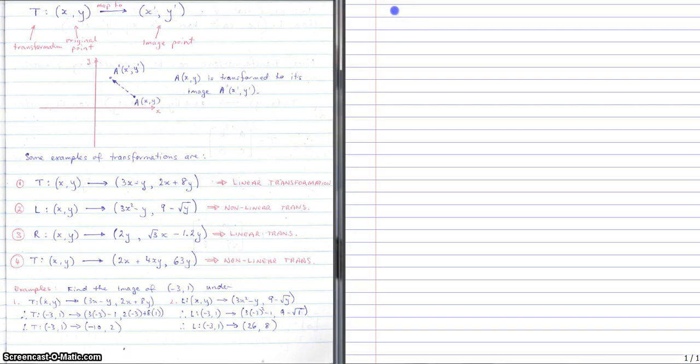Because if we had an expression, say xy equals 1, then if we were solving for y, then y becomes 1 over x, and this we know is not a linear expression, not a linear equation, because that can be also written as y equals x to the negative 1. Non-linear. Hopefully that explains what a linear and non-linear transformation is.